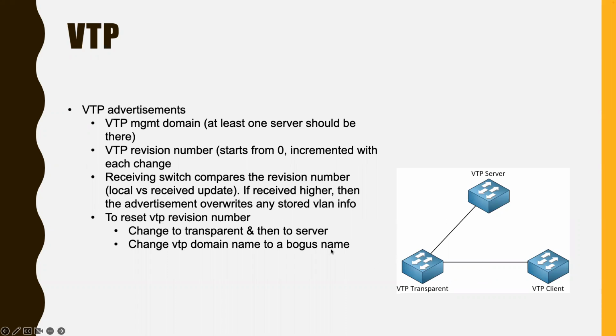And since this VTP revision number, this VTP information, is not lost when we reload the switch, if I connect a new switch which already has a higher revision number configured over it, and it was acting as a VTP server, it will advertise the VLAN information to all the switches within our domain, and it may happen that the rest of the switches get all their VLAN information overwritten. You got my point?